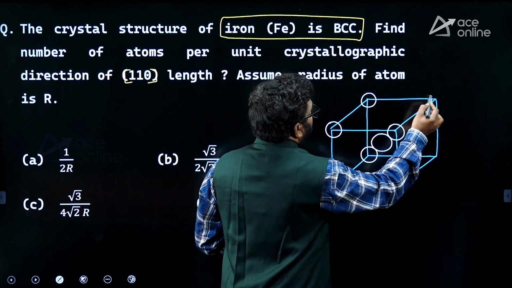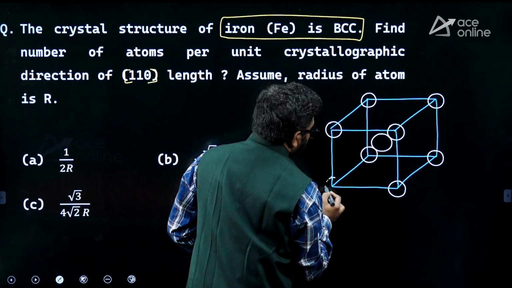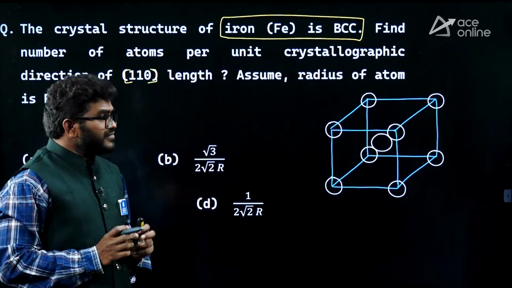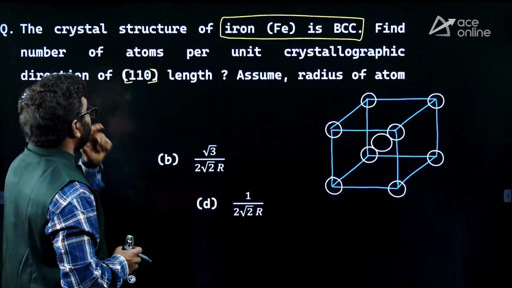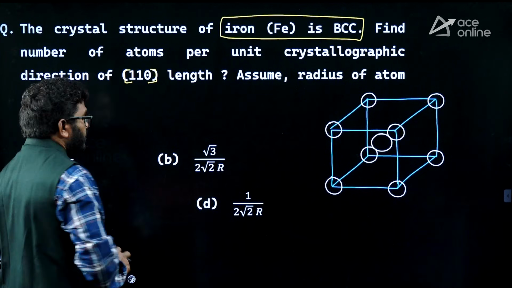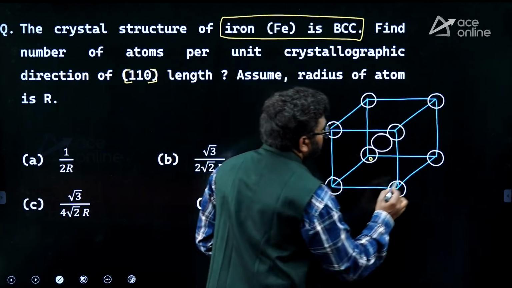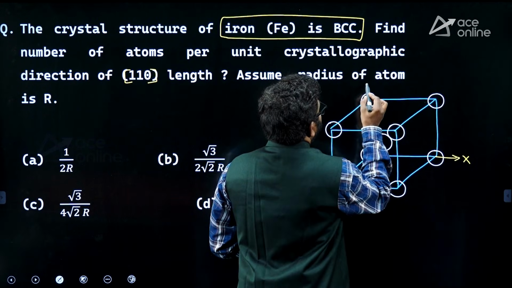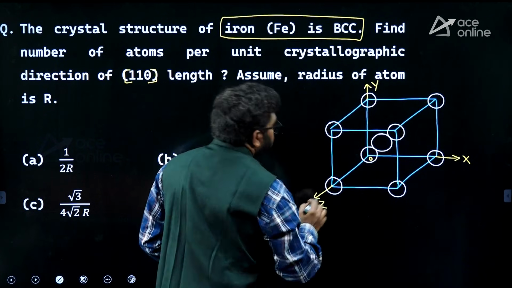So 8 atoms are located at 8 corners, and one atom is located at the body center. Right. Now my question is, they are asking linear density in the 110 direction. Now I will locate the origin and x, y, z axes. Suppose this is origin, this is x, this is y and this is z.